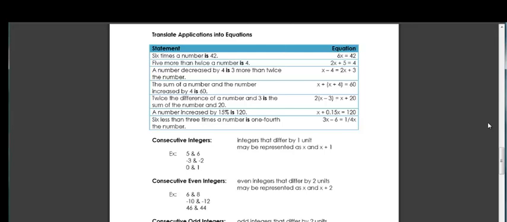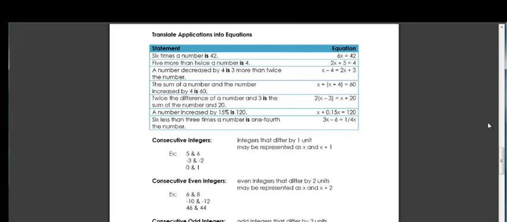And I bolded that is because anytime you see the word is in an equation, it's going to be an equal sign. And so right there, you know you can put an equal sign in. So 6 times a number, just like from above, will be 6x. Is will be an equal sign, and 42 is just the next answer. So you should get 6x equals 42.